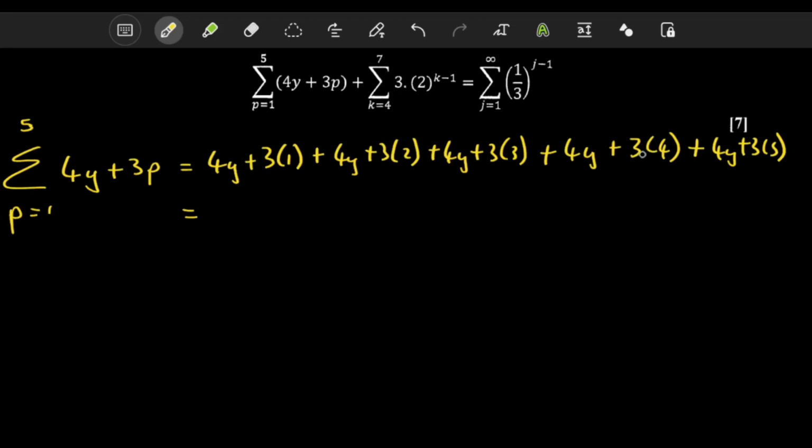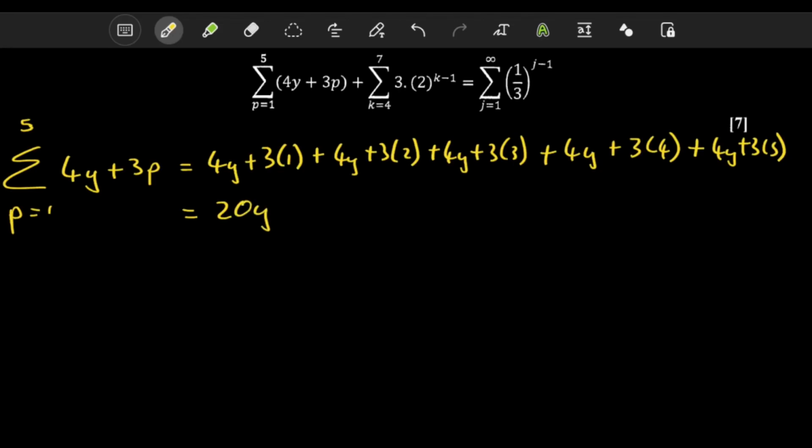If you simplify it nicely, you can actually just put this into your calculator. You're just adding stuff up. So 4y plus 4y, that's 8, plus another 4, that's 12, plus another 4, that's 16, plus another 4, that's 20. So it's 20y here.